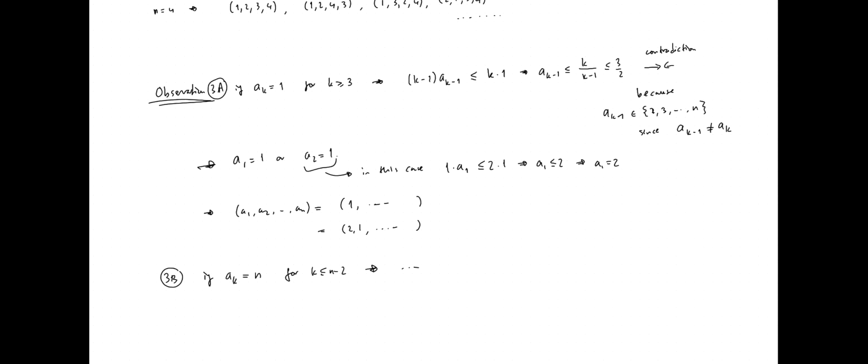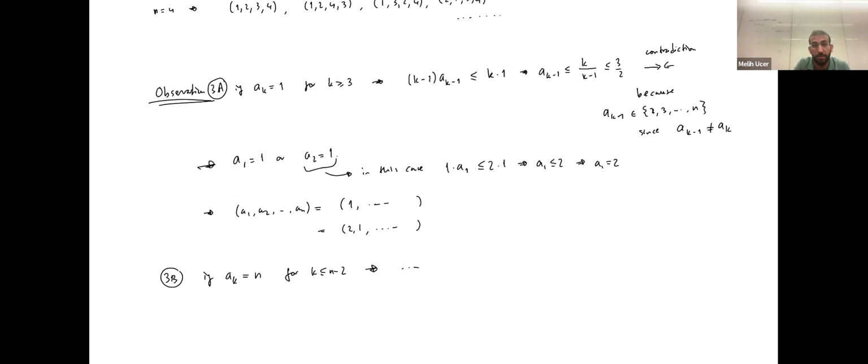Where is the contradiction? It should be similar to this, except we look at the element after it, because that's the natural thing. So k times n is less than or equal to k plus 1 times a k plus 1.